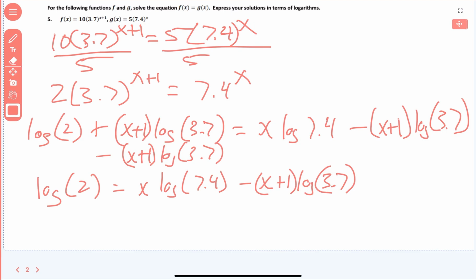But now what are we going to do with that? Because I really don't like that. Don't we what? What do you want to divide by?